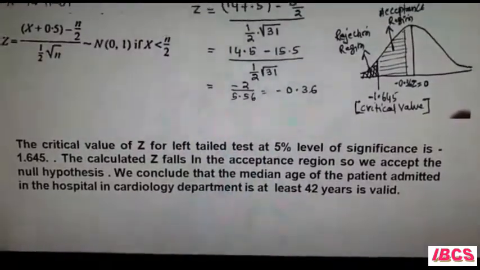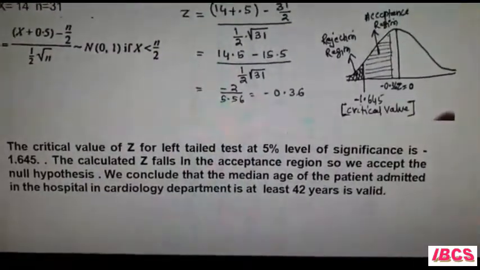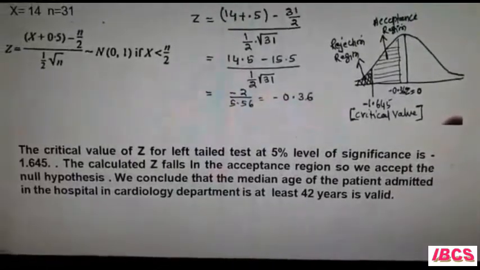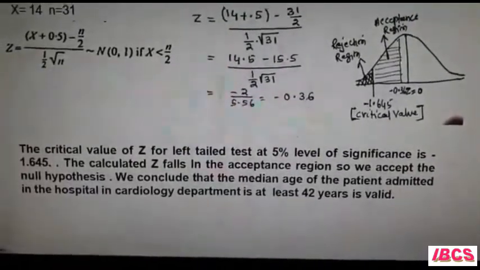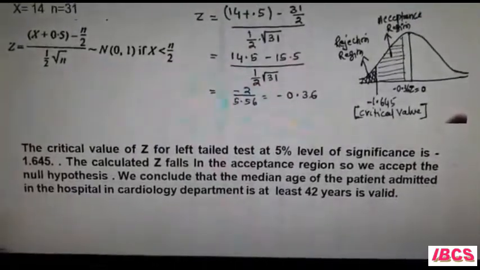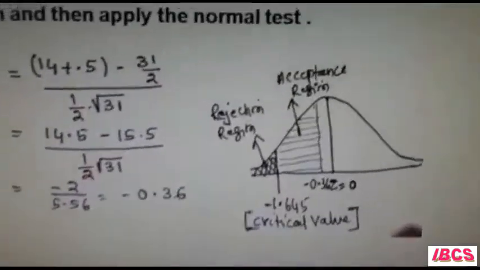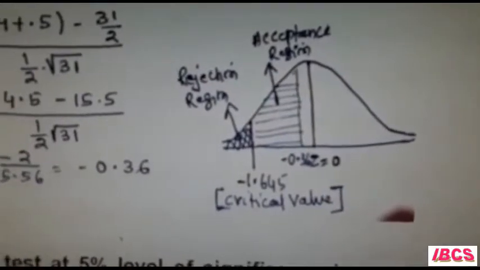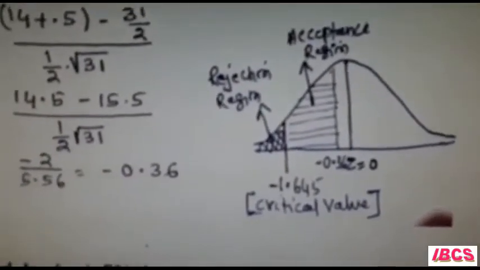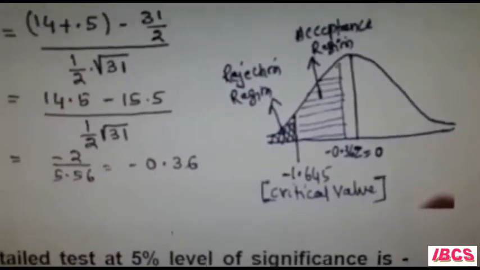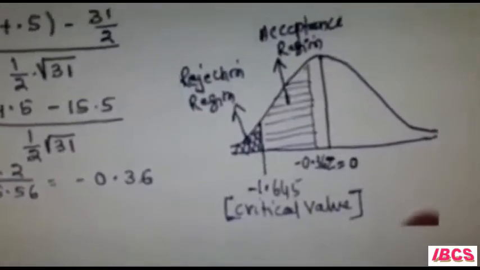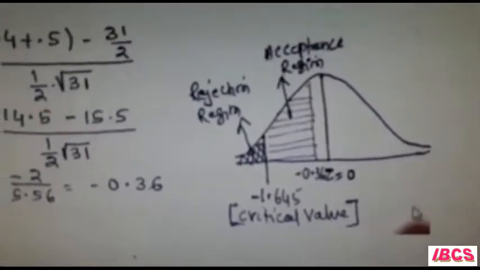The calculated value falls in the acceptance region, so we accept the null hypothesis and conclude that the median age of the patients admitted to the hospital in the cardiology department is at least 42 years. Looking at this, we have the rejection region, that is, below minus 1.645.